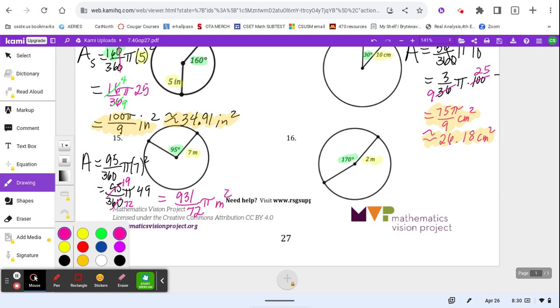Let me just make sure 72 does not go in. It doesn't. Let me make sure no other numbers go in. Dividing by 9, dividing by 8. Dividing by 6.